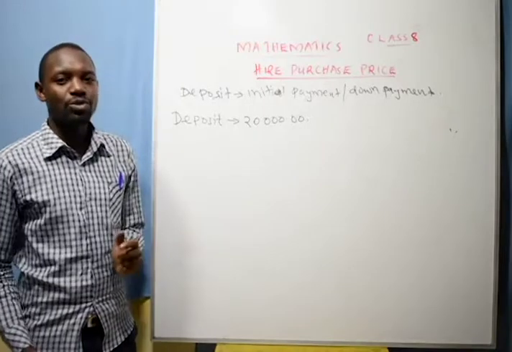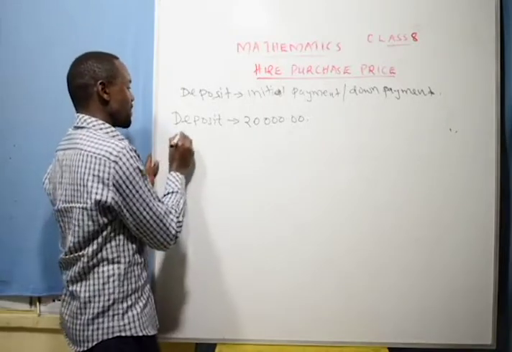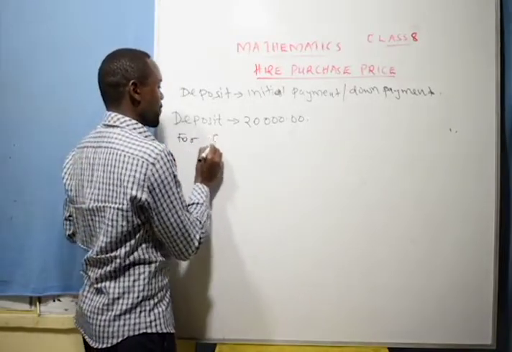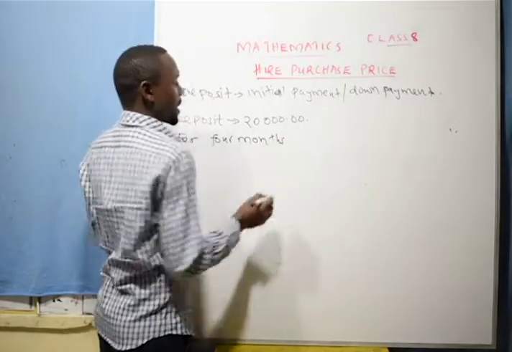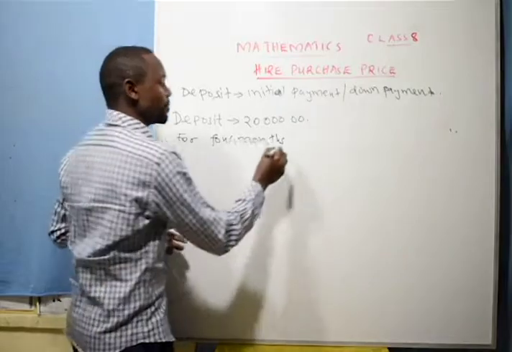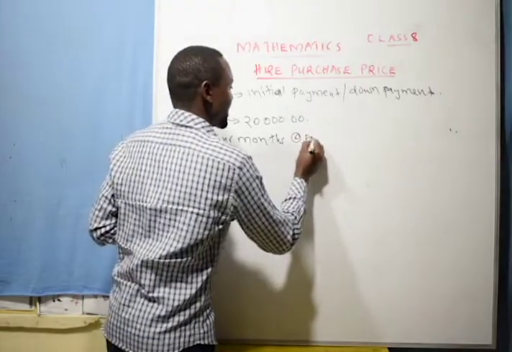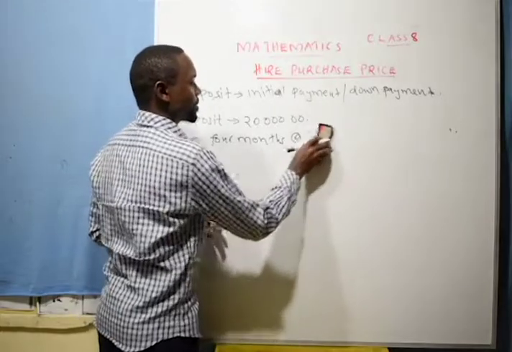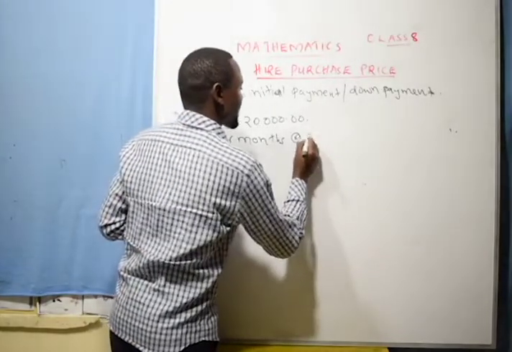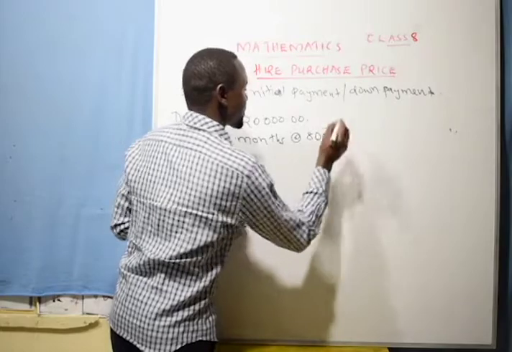The remaining amount of money was paid for 4 months, whereby each month this person paid 800 shillings per month.